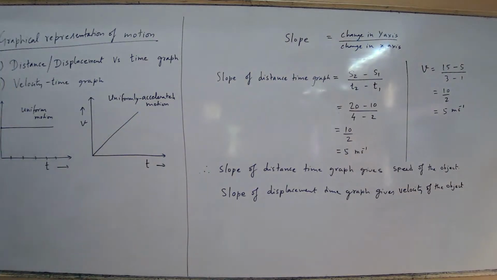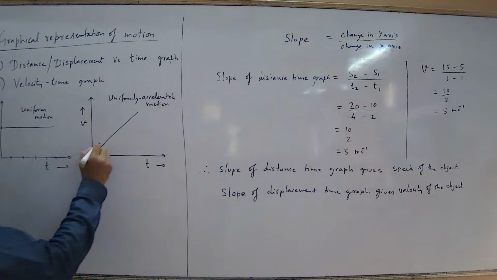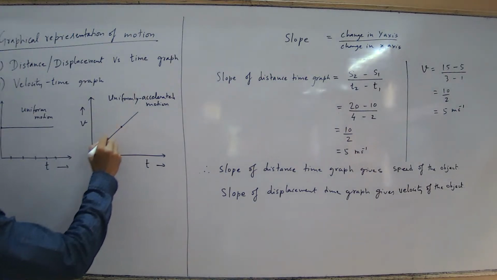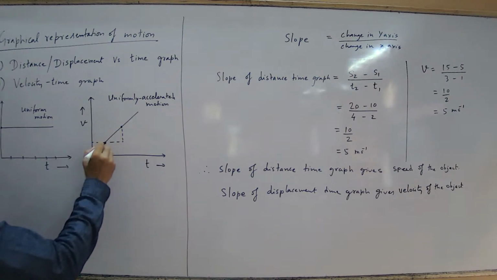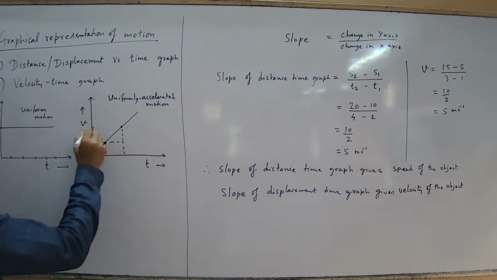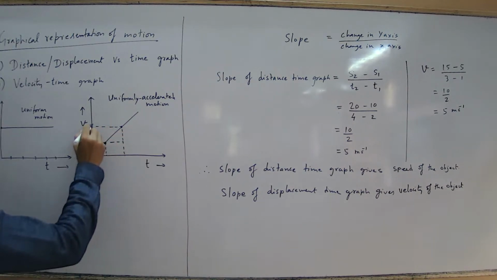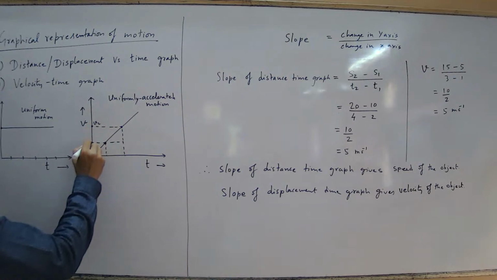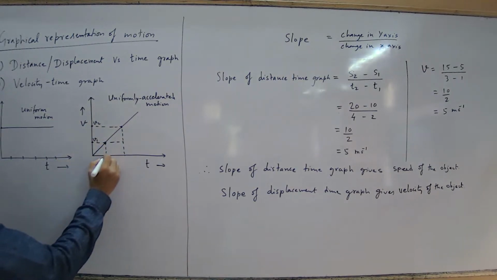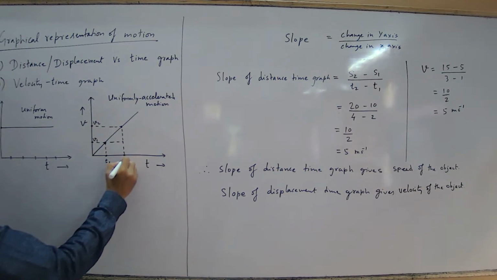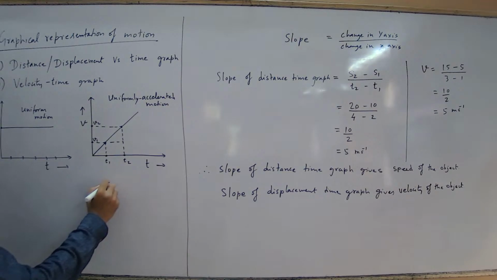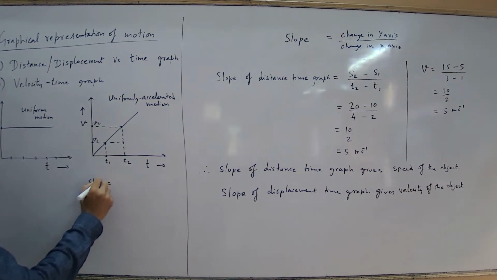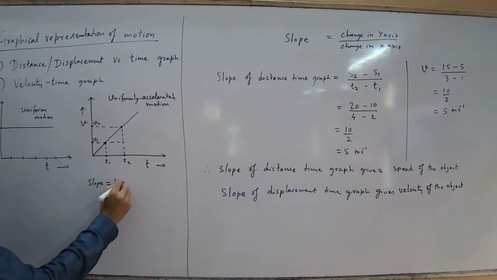Straight line. So slope of velocity, let us choose any 2 points. How to find the slope? Now let's call these T1 and T2. Okay? So the slope here gives change in y-axis, V2 minus V1, upon T2 minus T1.